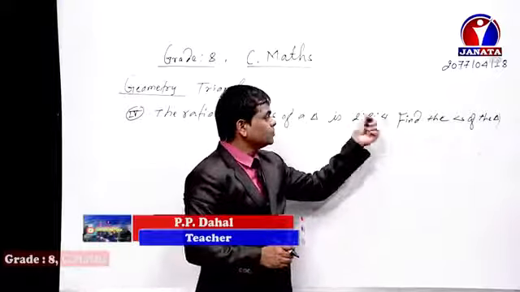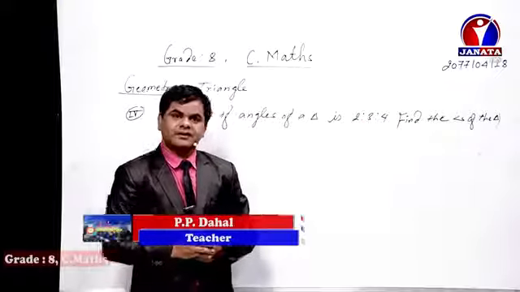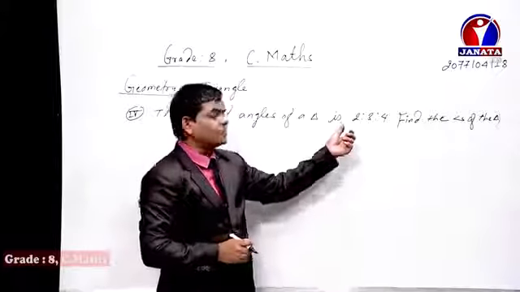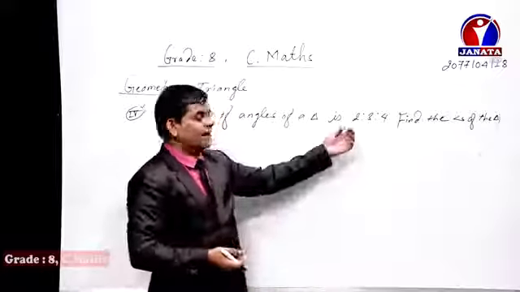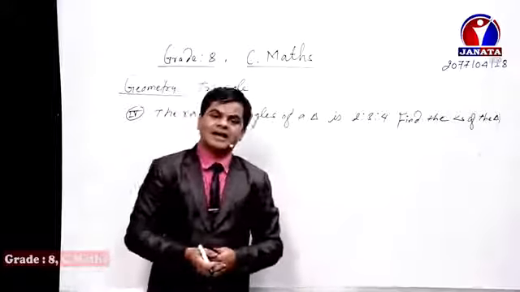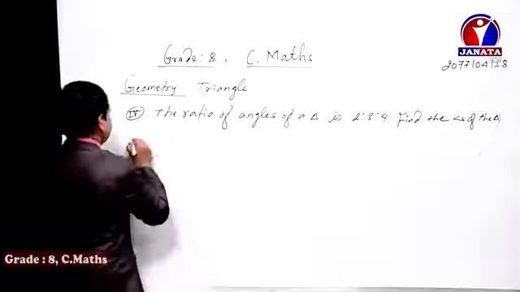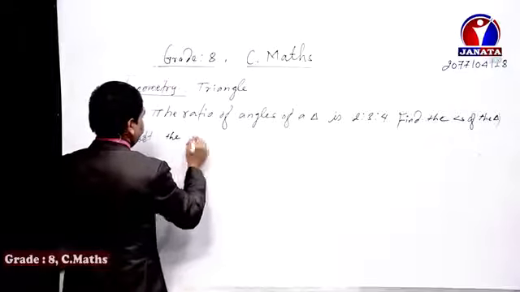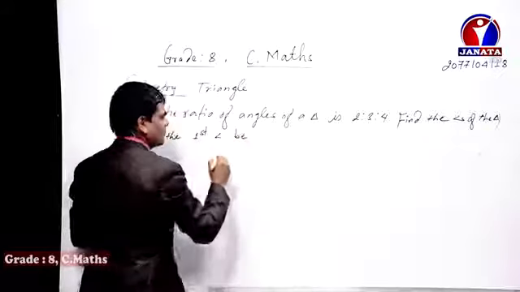by adding those three parts of the angles of the triangle, comparing with 180 degrees, we can find out the value of x, y or z. And after getting the value of x, y, z, you can find out the unknown angles of the triangle. So let's start this one. Let the first angle be what?